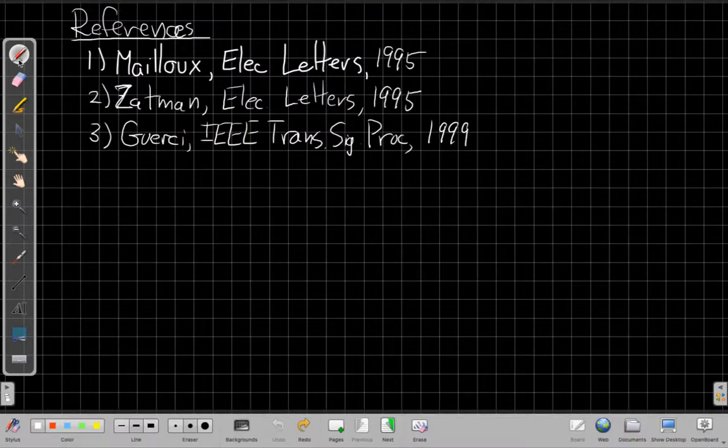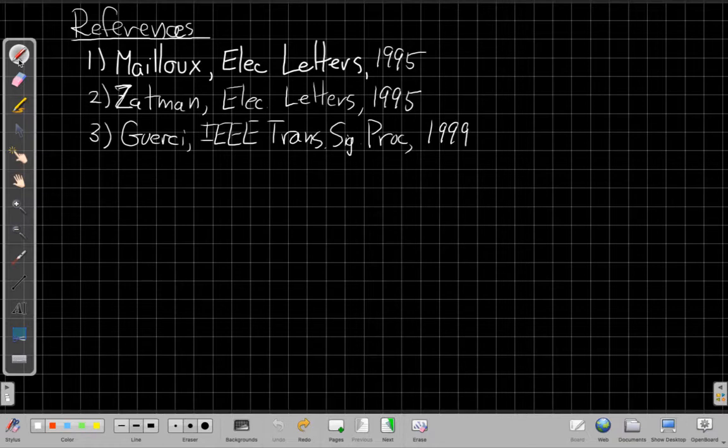In the overview I'm going to give you today, I'm drawing on three previous publications from the mid to late 90s. Mailloux and Zatman published papers about 6 months apart in Electronics Letters that were just 1 to 2 page short letters.